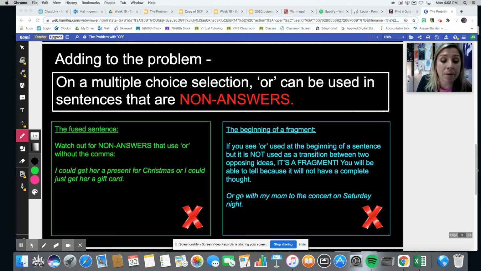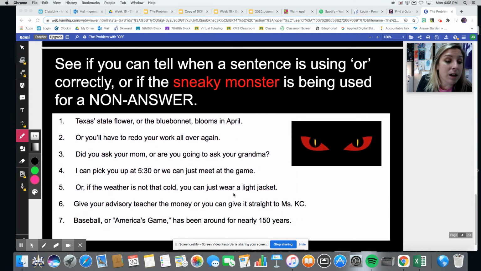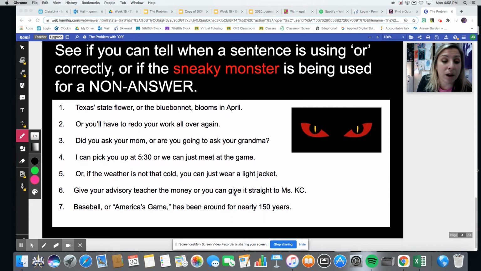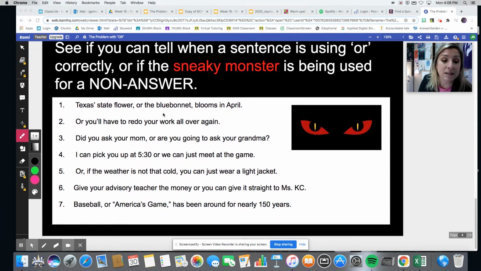On your slide number 3, I want you to pause and practice identifying if these are correct or incorrect. I'll do the first one with you. It says, "Texas's state flower, or the bluebonnet, blooms in April."